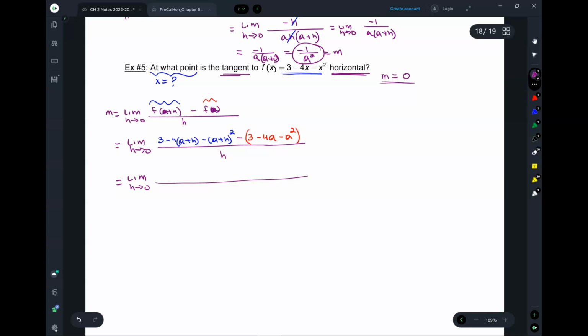Now let's multiply this out. So 3 minus 4a minus 4h, minus, let's square that, a squared plus 2ah plus h squared, minus 3 plus 4a plus a squared, all over h.